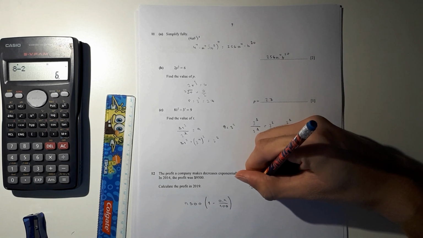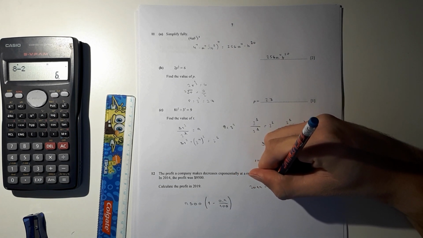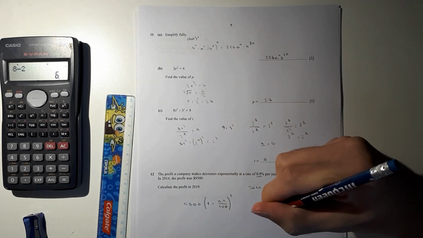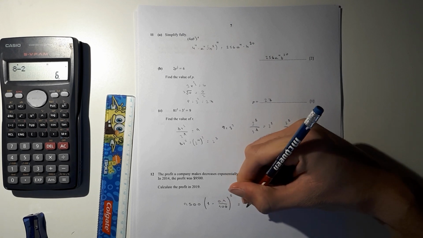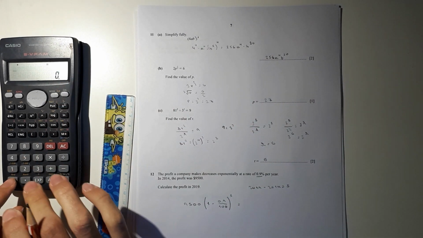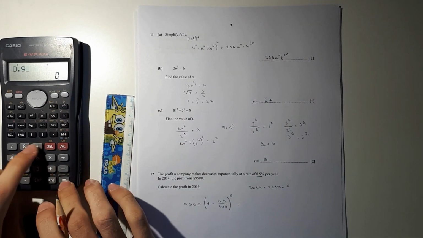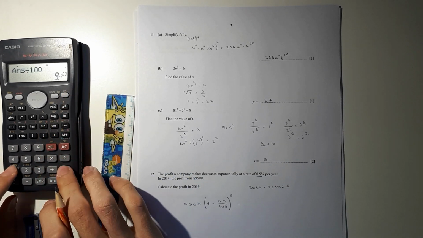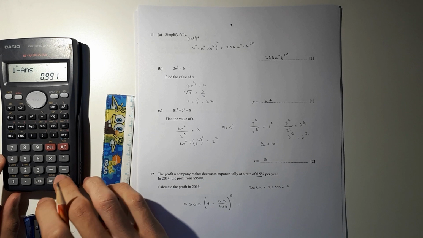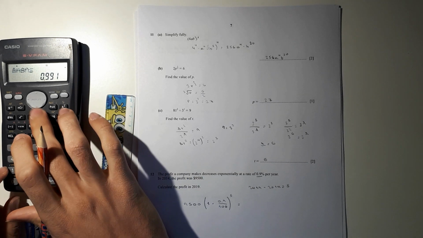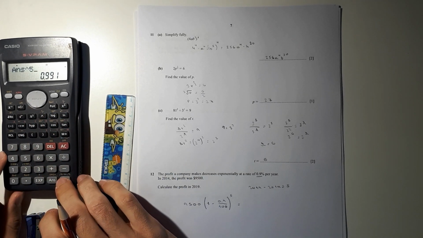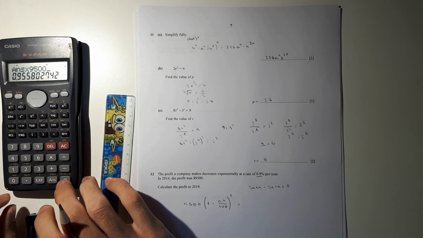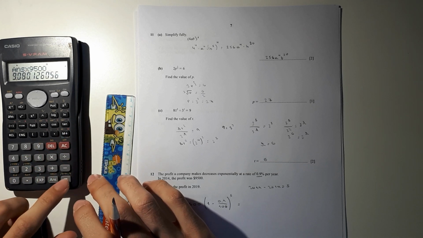So we know 2019 minus 2014 is equal to 5. So we have to do it in the calculator. So 0.9 divided by 100 is this, 1 minus the previous answer, this to the exponent of 5, multiplied by 9,500.